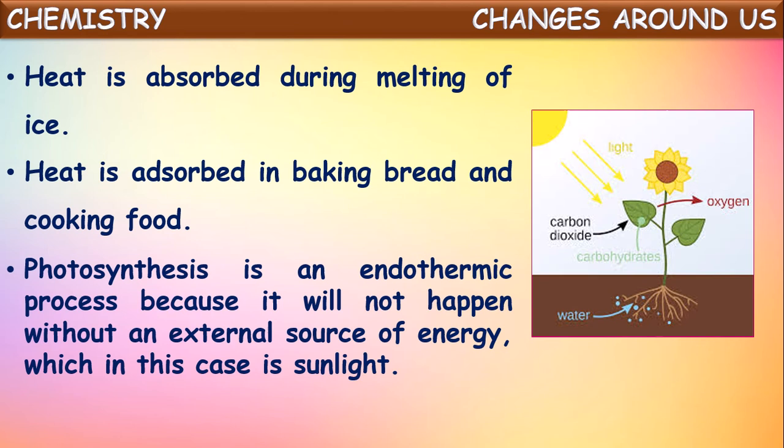So that is why photosynthesis is called an endothermic process. Of course, the combination of carbon dioxide and water from the roots happens only in the presence of sunlight. That's why it is called an endothermic process.